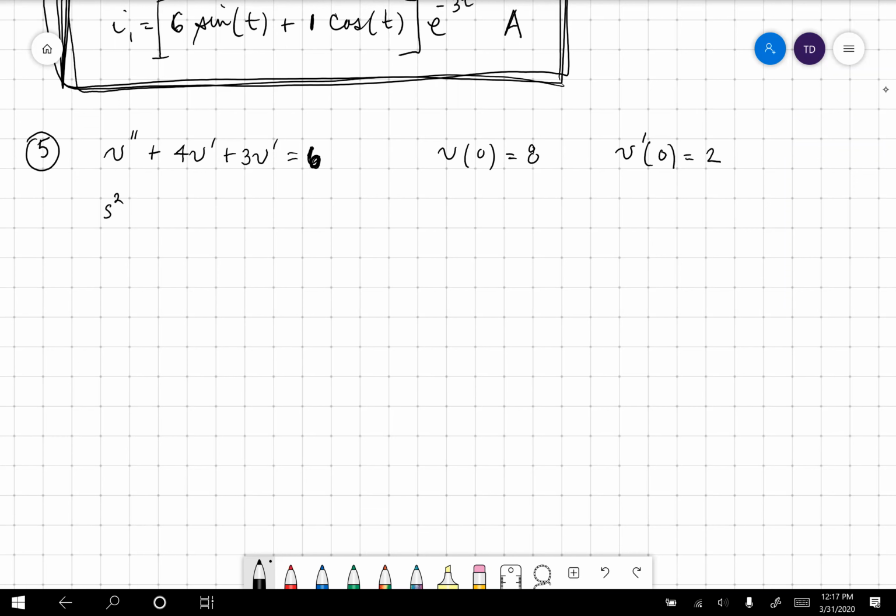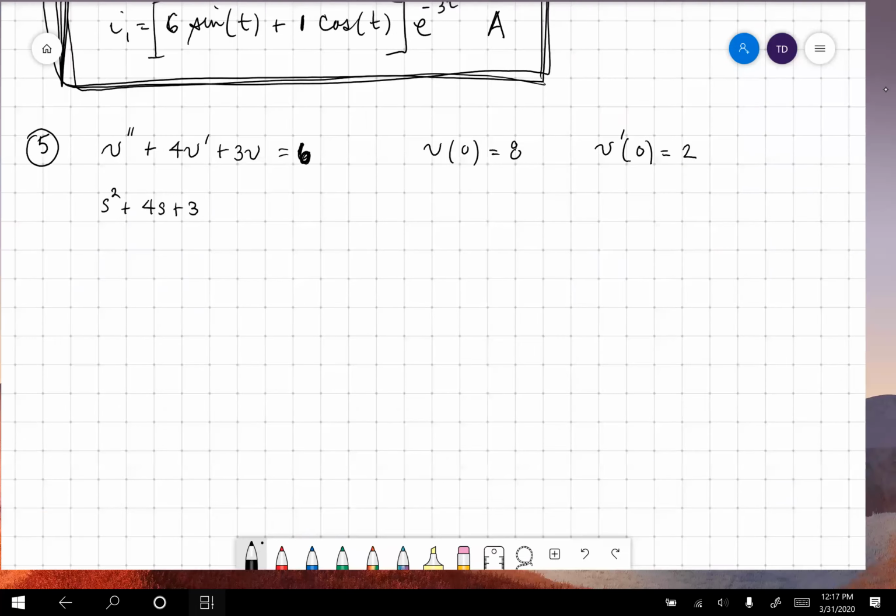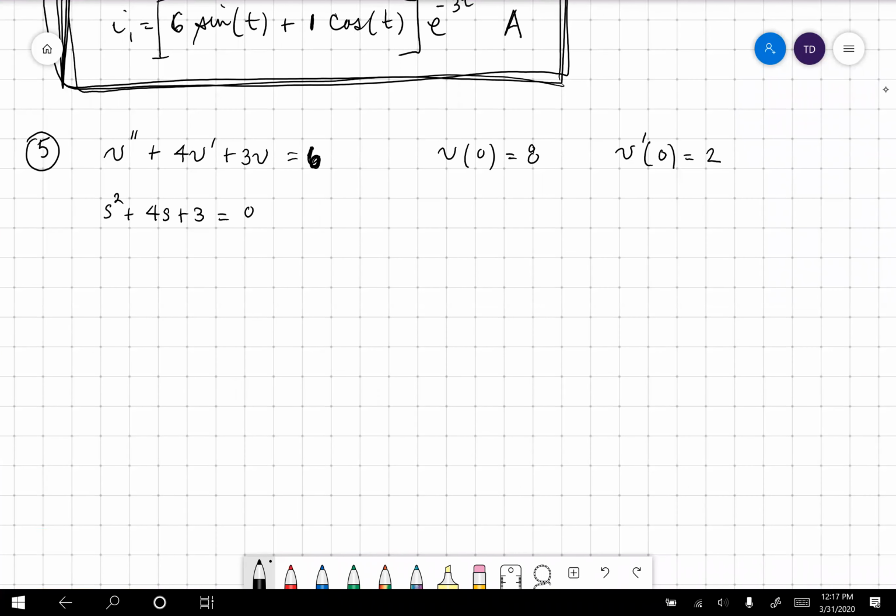Here we go. S squared plus 4S plus 3, and I don't know how this prime got here, but boom, get rid of that. 3V. V double prime, V prime, V. S squared plus 4S plus 3 is equal to 0.